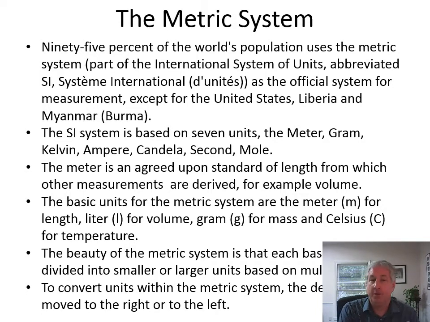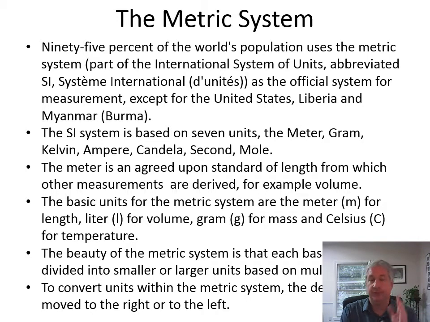Anyway, the meter. What we're going to talk about is the metric system. So metric system means it's based on the meter. The meter is an agreed upon standard of length from which all the other measurements are derived. The gram and weight and volume are derived. So let's see. A cubic centimeter. A centimeter is a fraction of a meter.